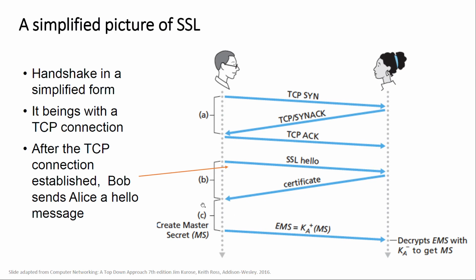Once you have the certificate, Bob creates a master secret key, and by checking the certificate, he knows that he is really talking to Alice. Then he encrypts this master secret key with Alice's public key. Since Alice has the private key, she decrypts it and obtains this master secret key.